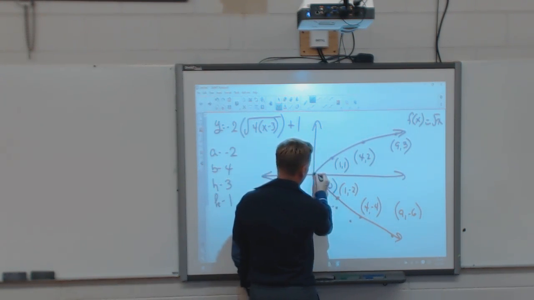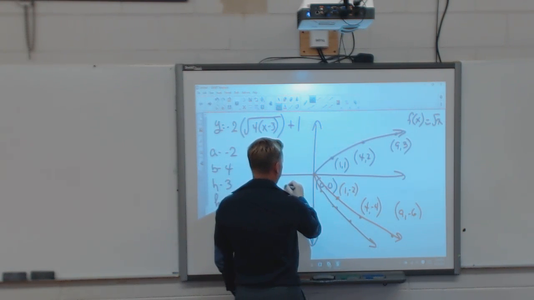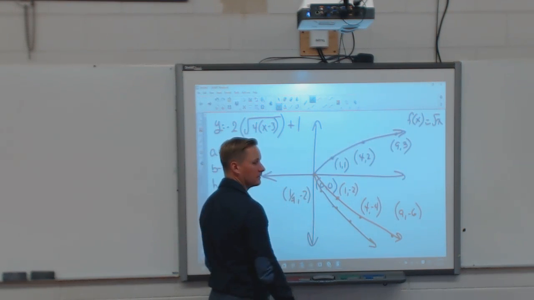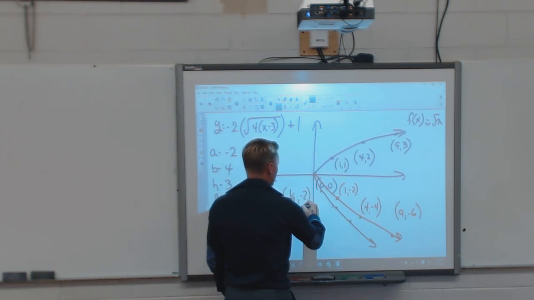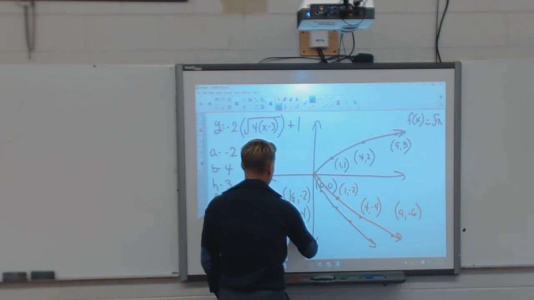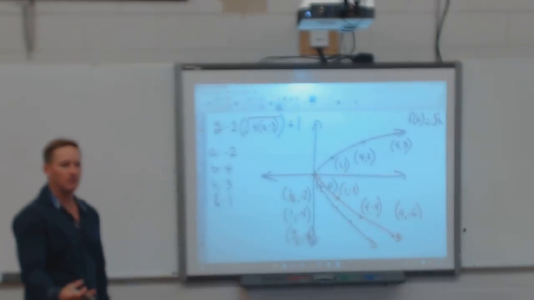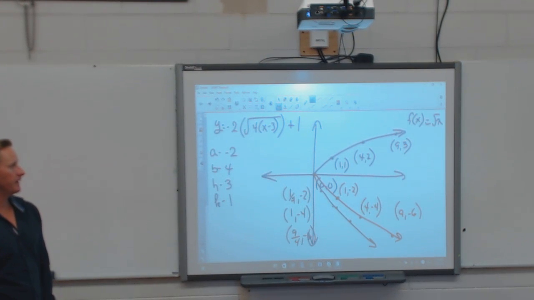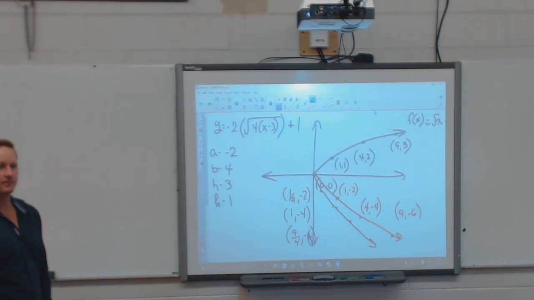So this guy becomes 1/4 and negative 2. This guy becomes 1, negative 4. This guy becomes 9 over 4 and negative 6. Again, it's exactly what you did in the last unit.